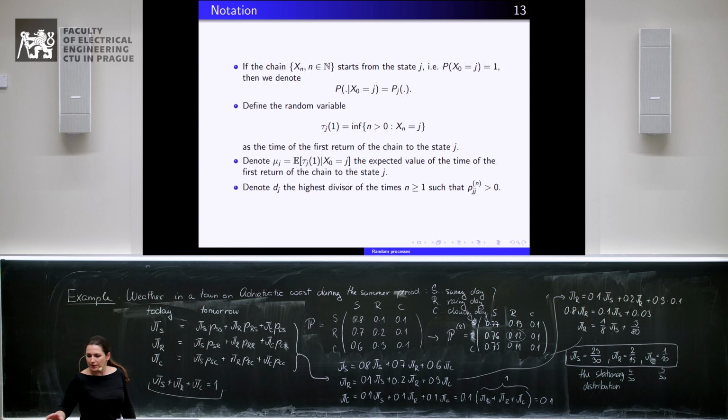So this was the usage of the matrix of transit probabilities, and now in the last few minutes I will tell you something about the classification of states, which is not so important a topic for you, but you should know about this when we talk about random processes.